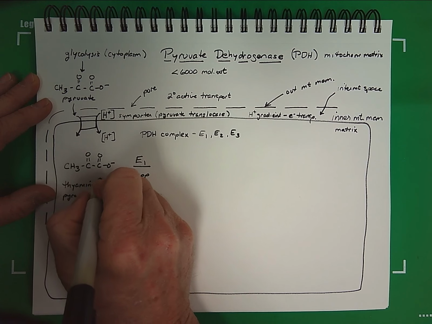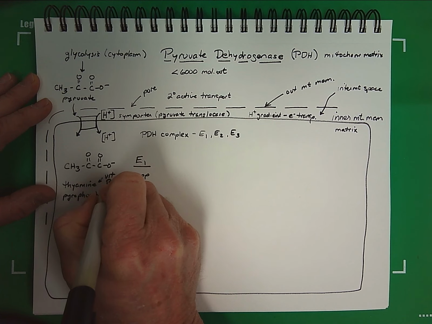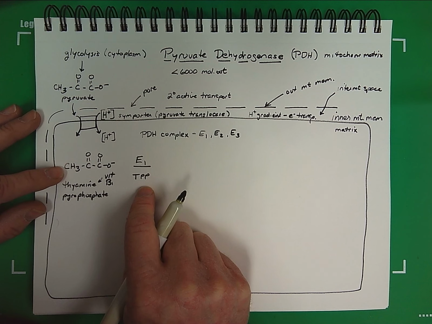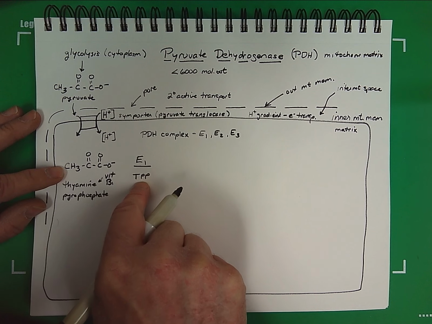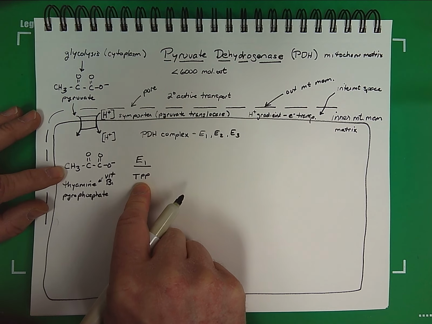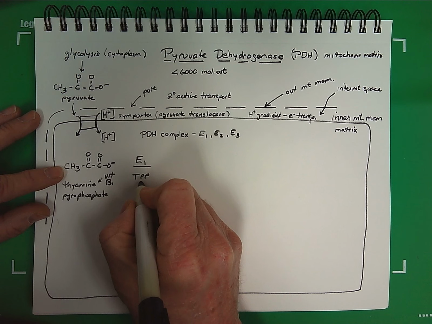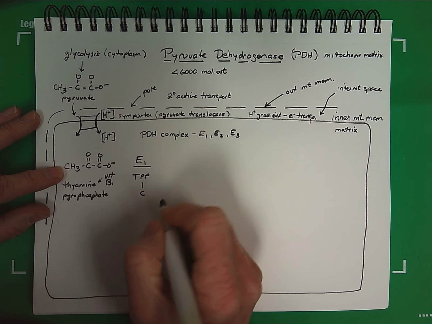So thiamine, recall, is vitamin B1. So the first step in the reaction is that we are going to transfer a portion of the pyruvate molecule to be covalently bound to the thiamine pyrophosphate, the TPP. And in doing so, we will be generating a CO2.